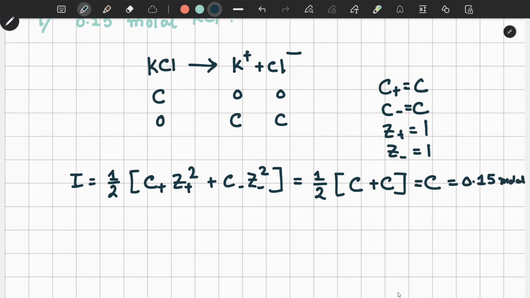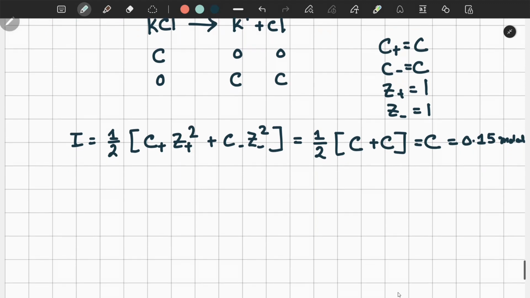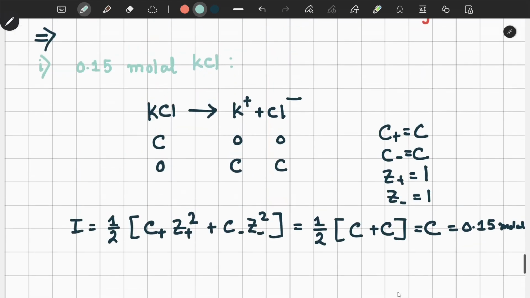This is the I. You can remember it as a trick: for a salt which has a monovalent cation and a monovalent anion, like K plus Cl minus, the ionic strength is directly C. You don't need to calculate. After doing a few examples, it will be remembered automatically. Just see here, K plus Cl minus. For NaCl it will also be the same.